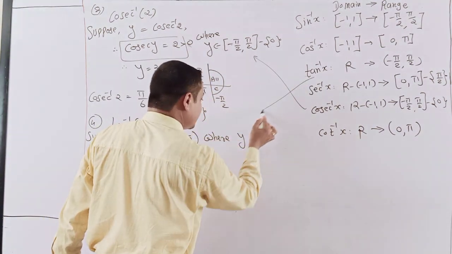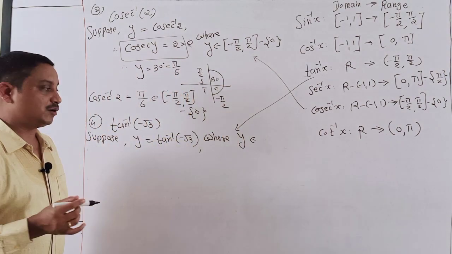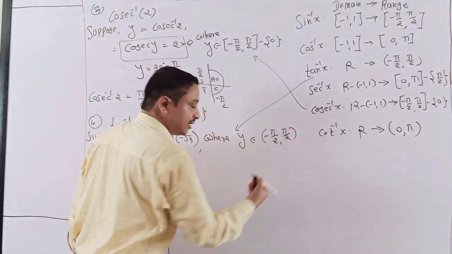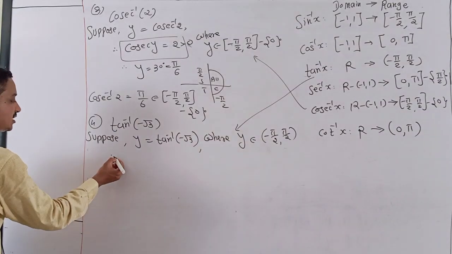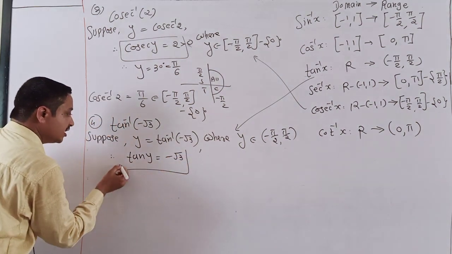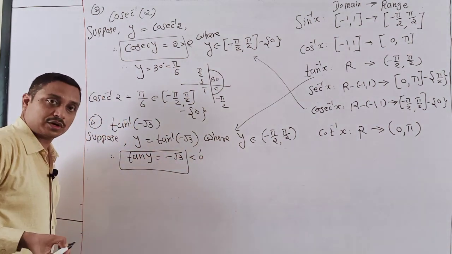This is your tan inverse range, students: minus pi by 2 to pi by 2 in the open bracket. That's your final range. So what is tan y? Minus root 3, and it is less than 0, negative.